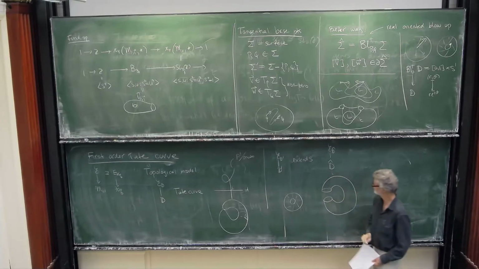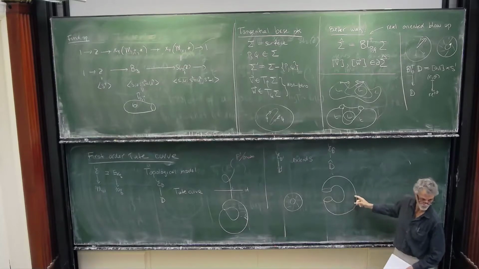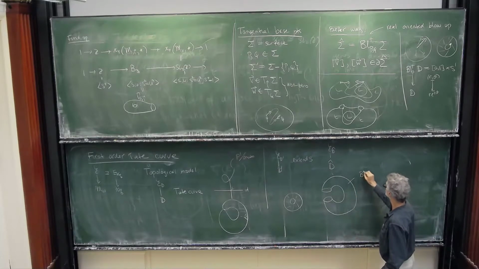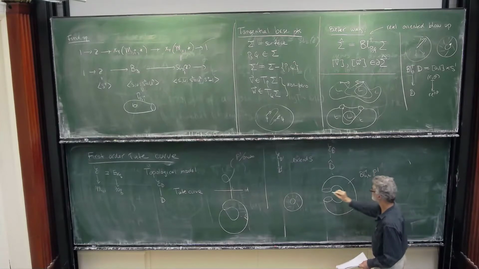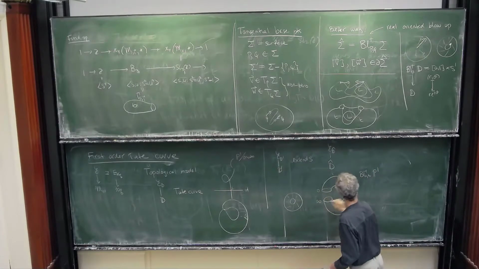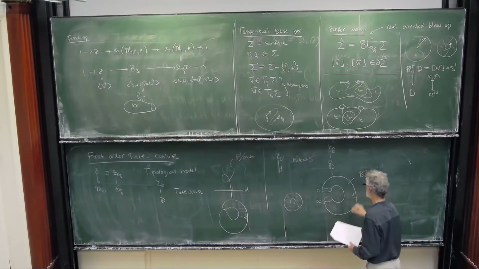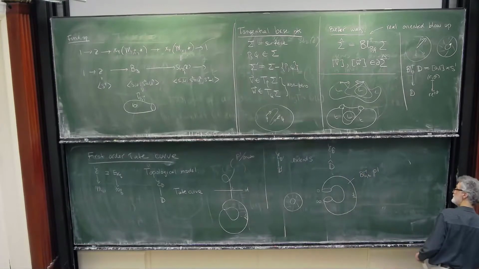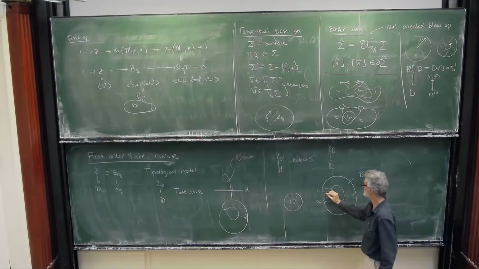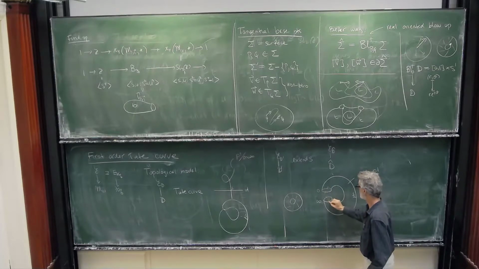There it is. This is blowing up P1. This maybe corresponds to 0 and infinity, and I've still got 1 over here. And now this P1 has these canonical tangent vectors. There they are.